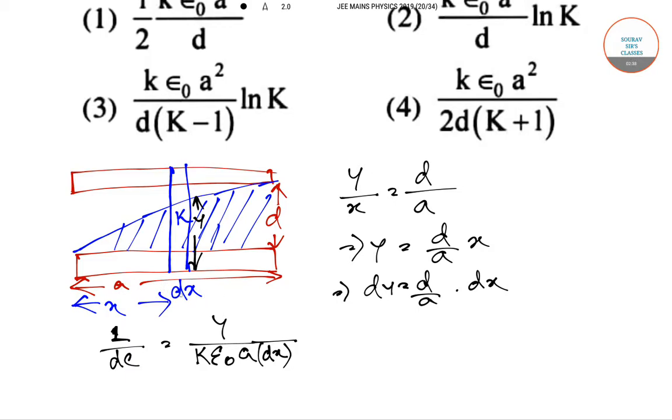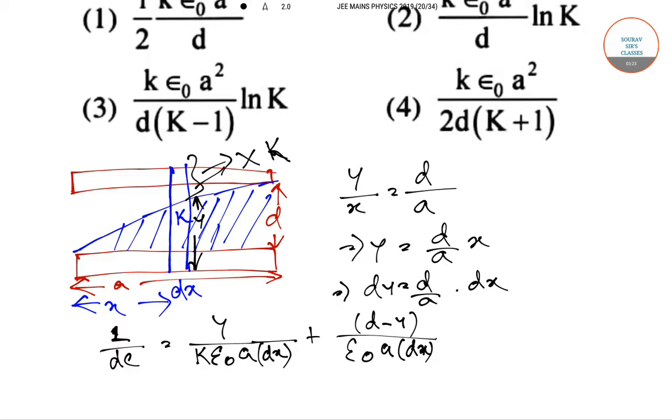Plus, for this portion, which is d minus y, there is no dielectric medium, so we cannot write the k. So it is d minus y divided by epsilon 0 a into dx.